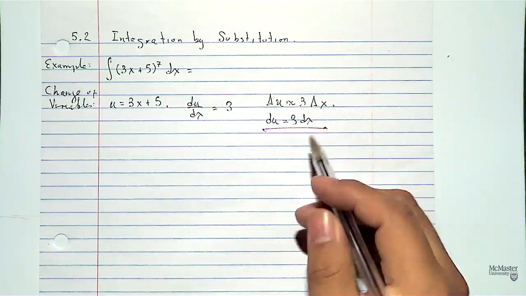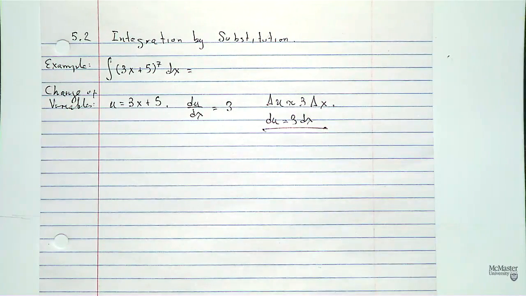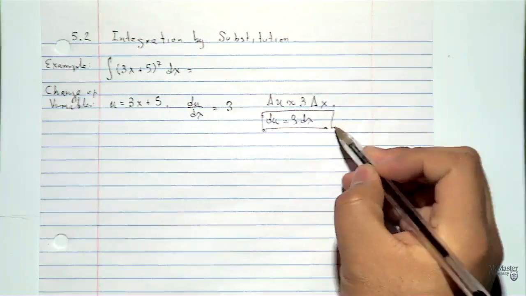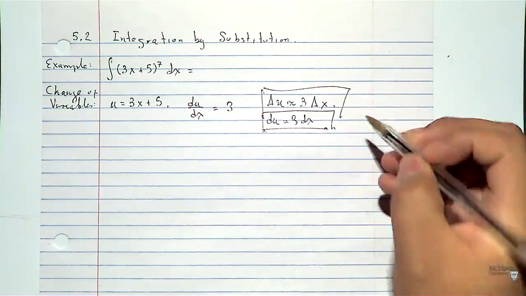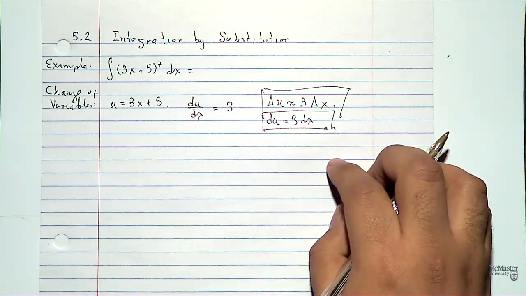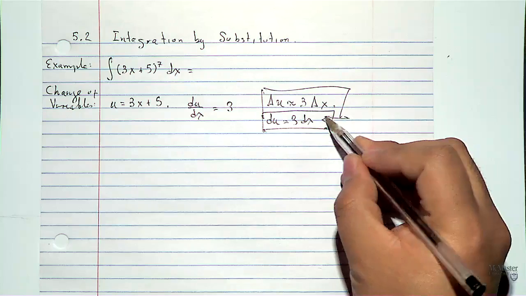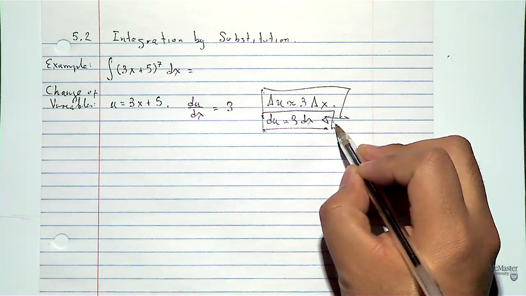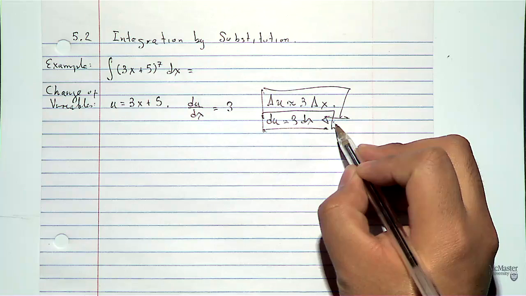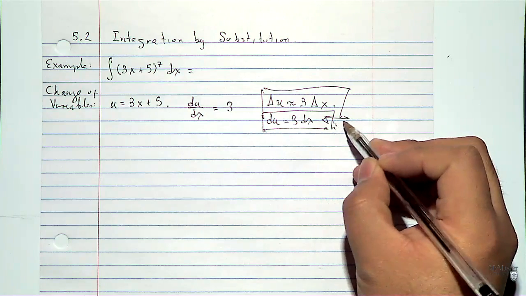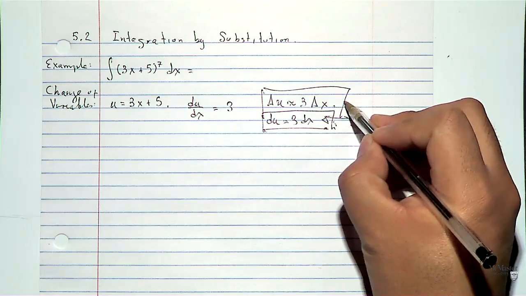So it is not without intuition that we will make this change where du is equal to 3dx. The intuition behind it is pretty much this. I'm being very insistent because we're going to use this kind of change very often. And at this point, you might think that it is only notation, but there is a mathematical reason behind it, which is this. Okay?